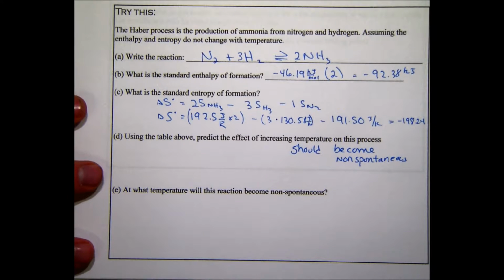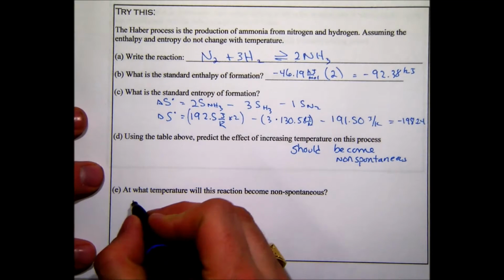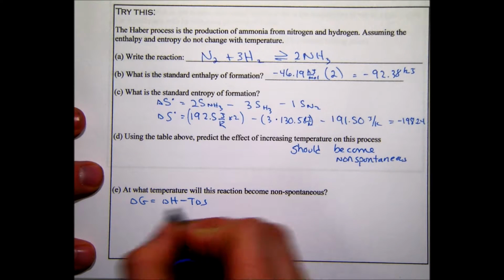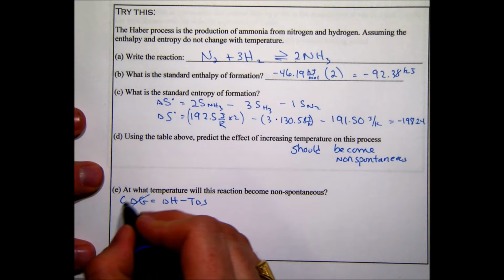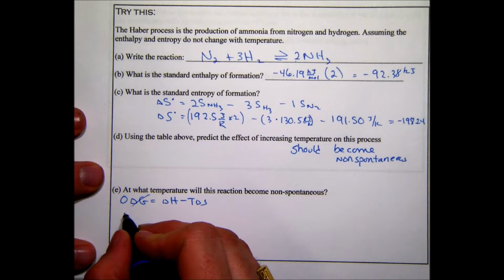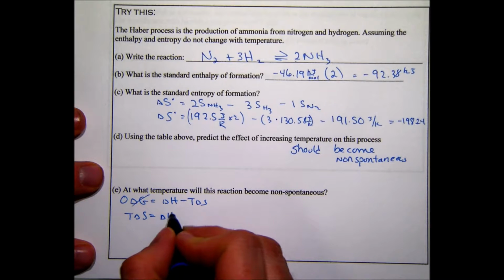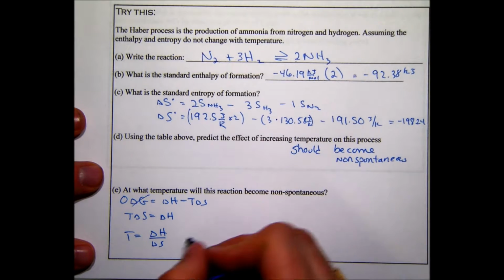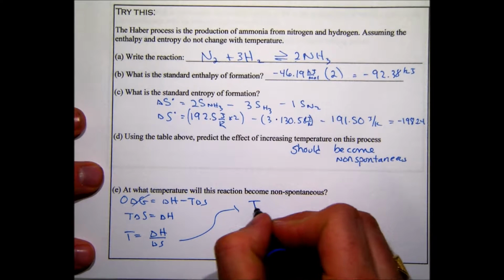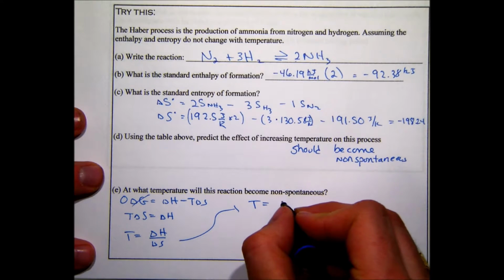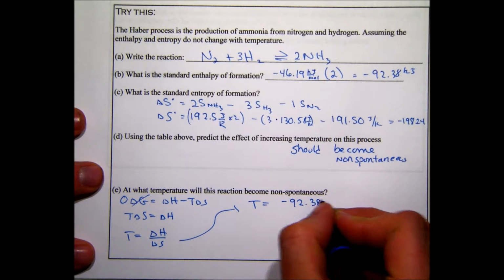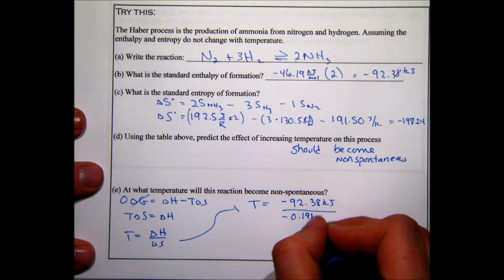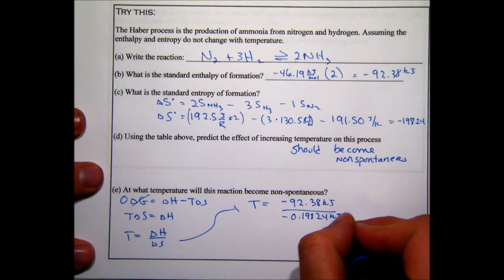At what temperature will the reaction become non-spontaneous? So delta G is equal to delta H minus T delta S. So non-spontaneous, we want to know when this is equal to 0. T delta S is equal to delta H. T is equal to delta H over delta S. T is equal to negative 92.38 kilojoules over negative 0.19824 kilojoule per Kelvin.